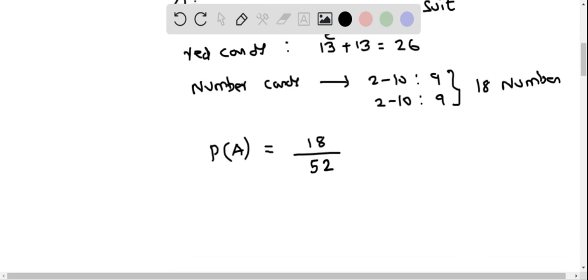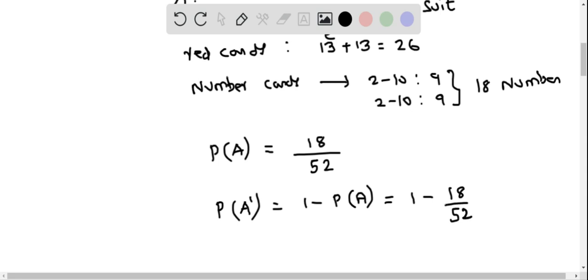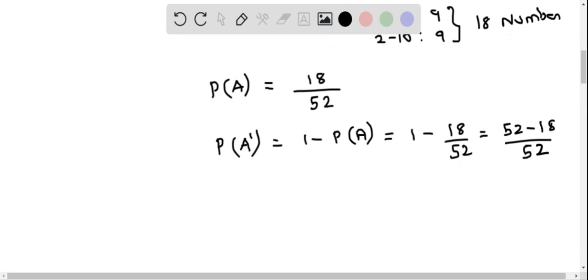And we can calculate P of A prime using the formula, that is 1 minus P of A. So I substitute P of A, that is 18 over 52, and this equals 52 minus 18 over 52. 52 minus 18 is 34, so we get 34 over 52.